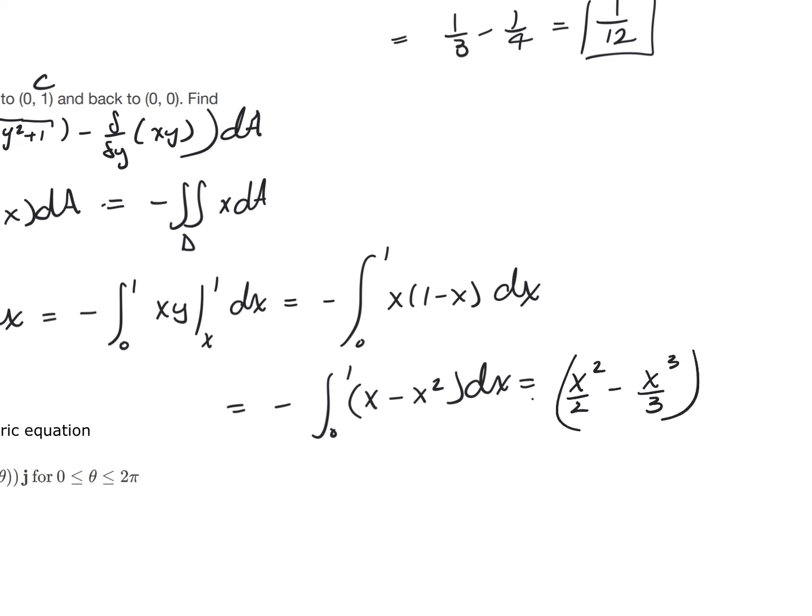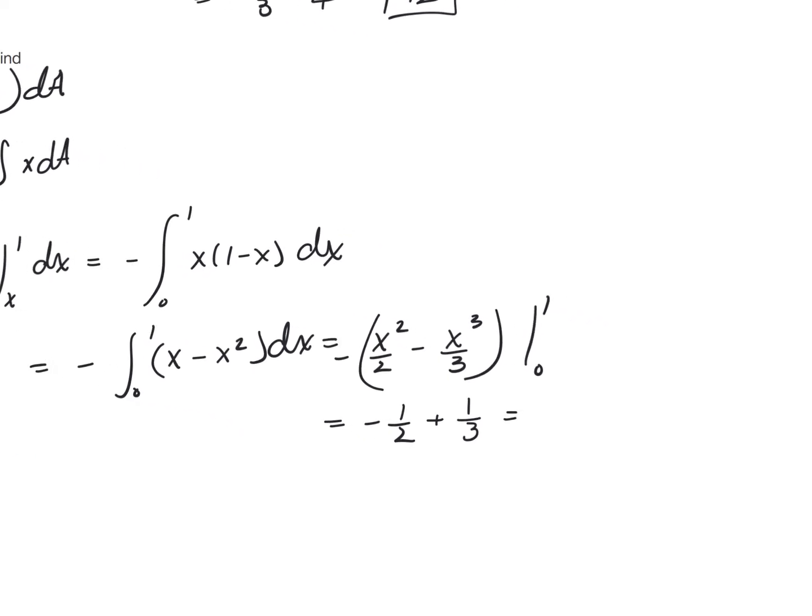Don't forget the negative out front, from 0 to 1. So I get negative 1/2 plus 1/3. Ooh, we always like these. Common denominator of 6, so I'm going to have negative 3 plus 2, so negative 1/6.